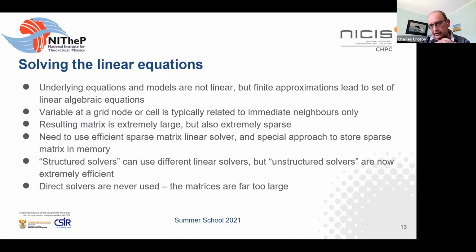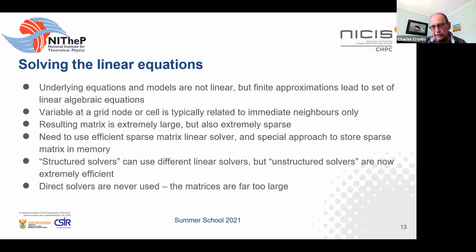You could say that each grid cell is only related to its values at its 6 neighbors. But a certain mesh may have 60 million cells. That's not an unusual size of mesh for a CFD solution. So you've got 60 million of these grid cells, but each individual grid cell is talking only to its neighbors. It's only influenced by its neighbors.